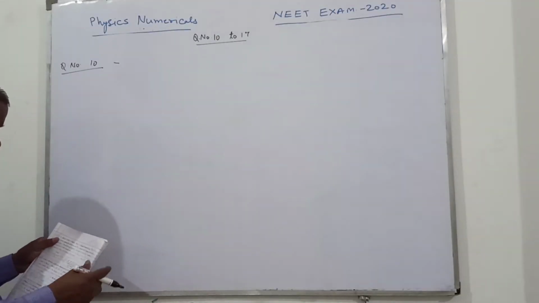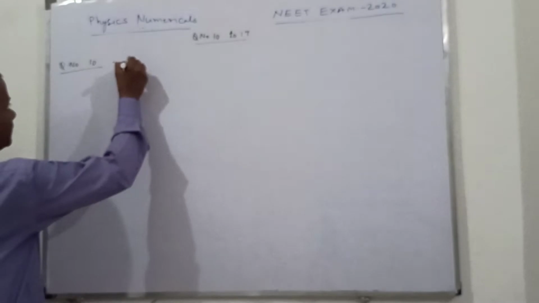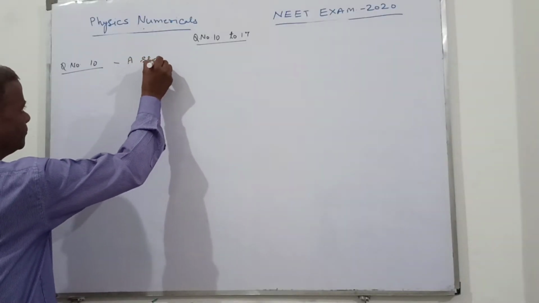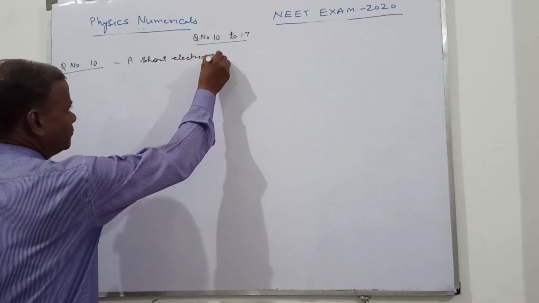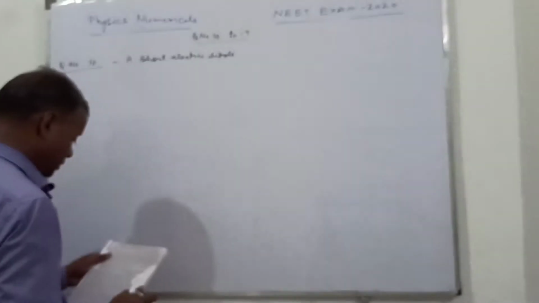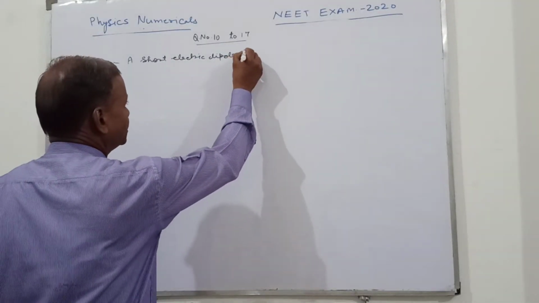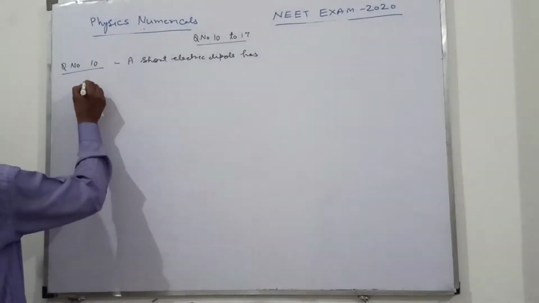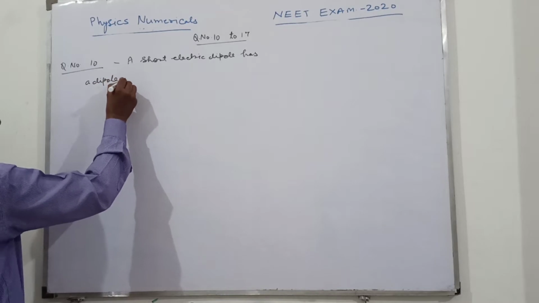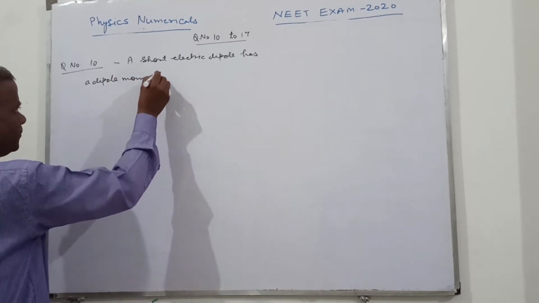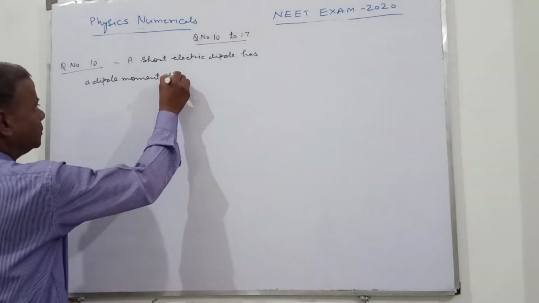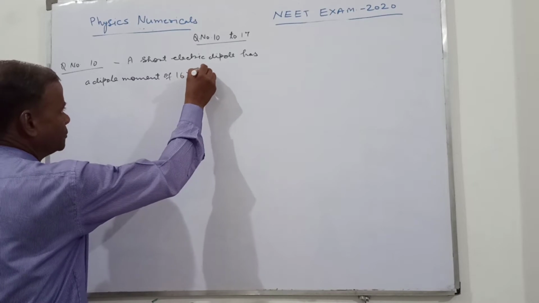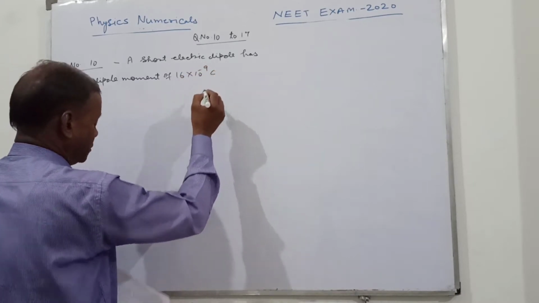Question 10: A short electric dipole has a dipole moment of 16 into 10 raised to the power minus 9 coulomb meter.